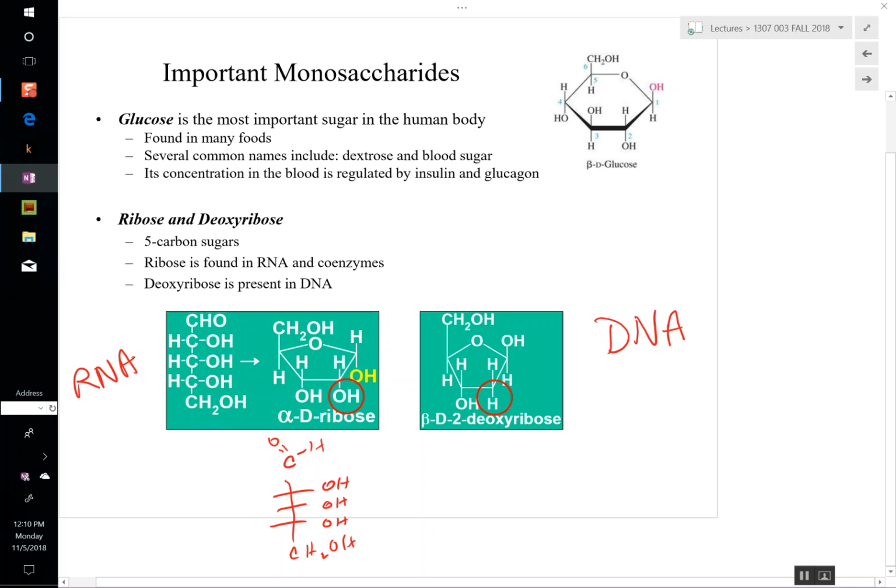Ribonucleic acids. D. This D does not stand for that D. This D stands for this D. Deoxyribose. What does that mean? We've taken that oxygen out of there. That is a very unique monosaccharide that ends up in the backbone of DNA. It's about the only time you're going to see a monosaccharide without an OH on about every carbon.